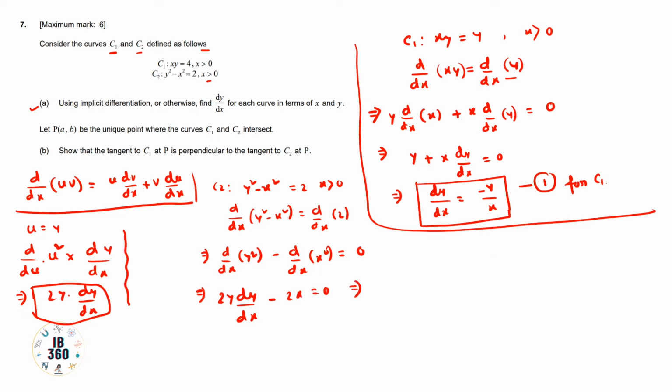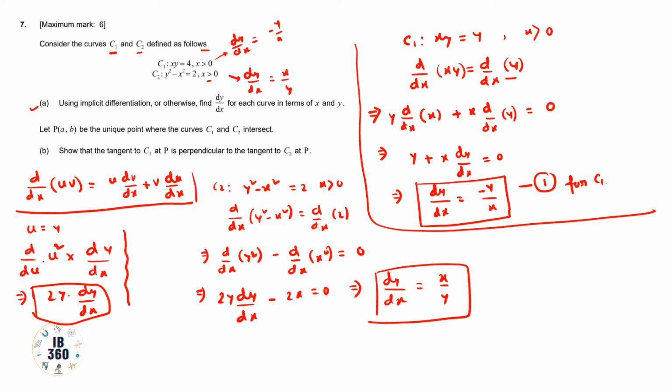From here we are getting dy/dx equals x by y. So for C1, dy/dx equals minus y by x, and for C2, dy/dx equals x by y. In this way the first part is done. Now we will move towards the second part, and please remember the derivatives of the two functions: here it is minus y by x, and here it is x by y.